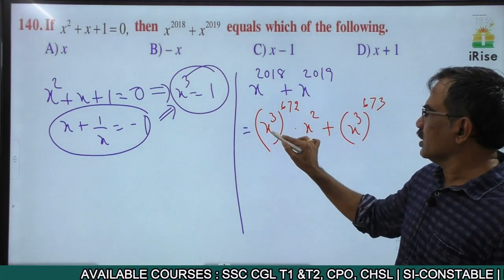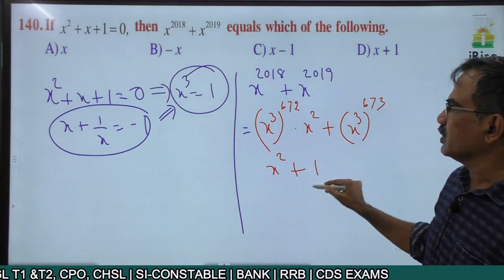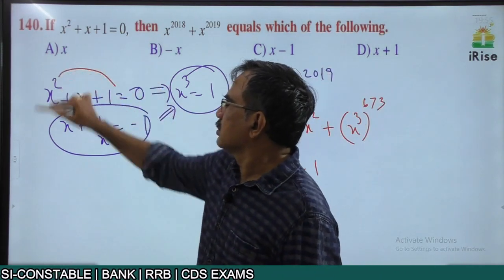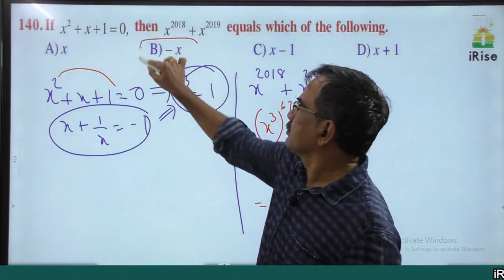Put x cube is equal to 1. 1 power anything is 1. So this is 1 plus x square, which here is minus x. So the answer is minus x.